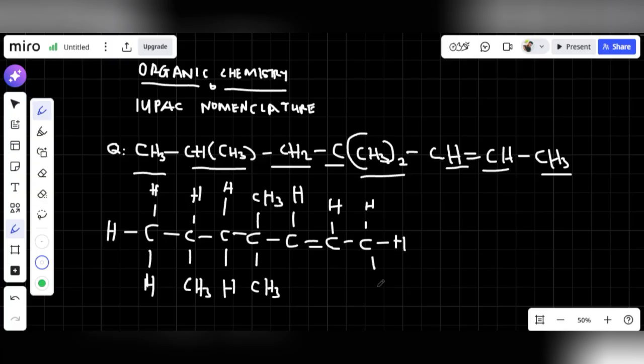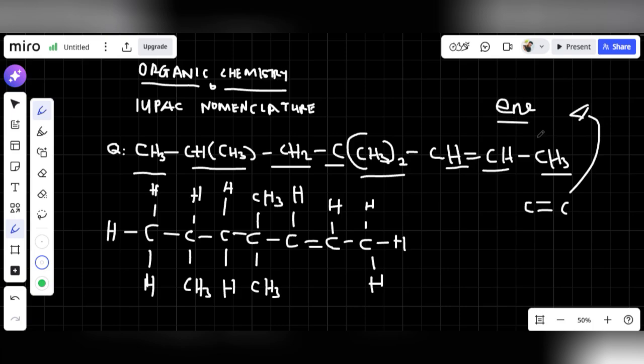Now that you have drawn the structure, you have actually conquered the first step. To name it is not going to be very hard, since you already have the correct structure drawn out. The next thing is to check. There's a functional group here, and that functional group is this C double bond C, which is for the alkene family, the ENE.